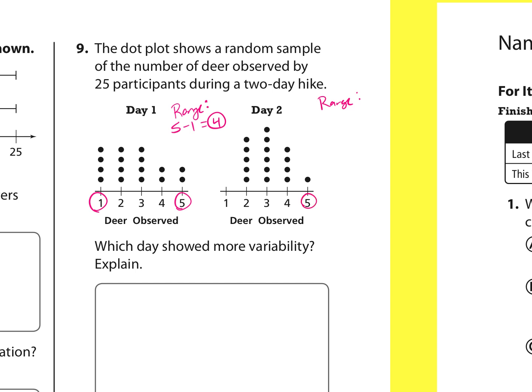That was the highest, 5, minus the lowest, 2, which is 3. So we could say that day 1 had more variability. It had a greater range. You could also just look at the spread. It had a greater spread. It was spread further out. The data was more spread out.